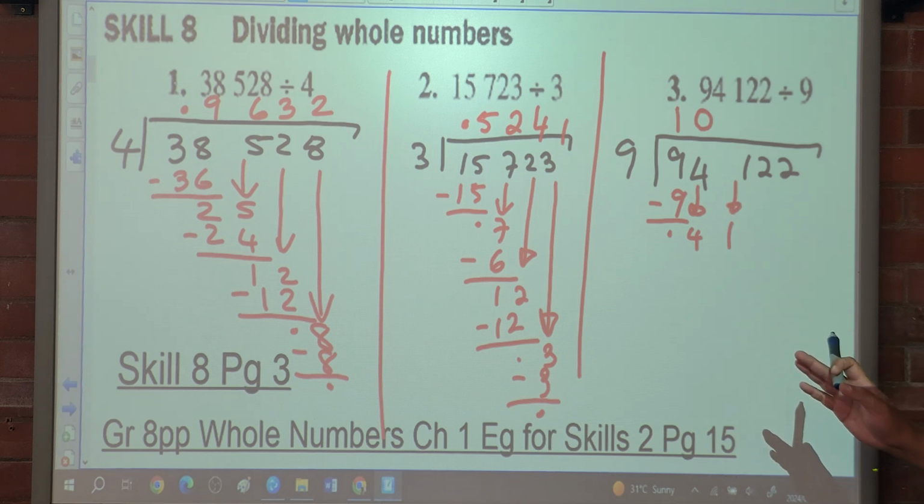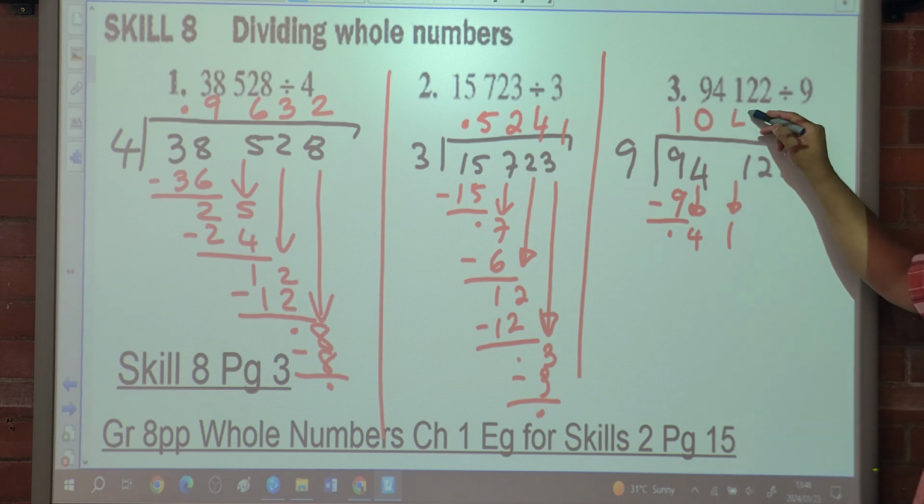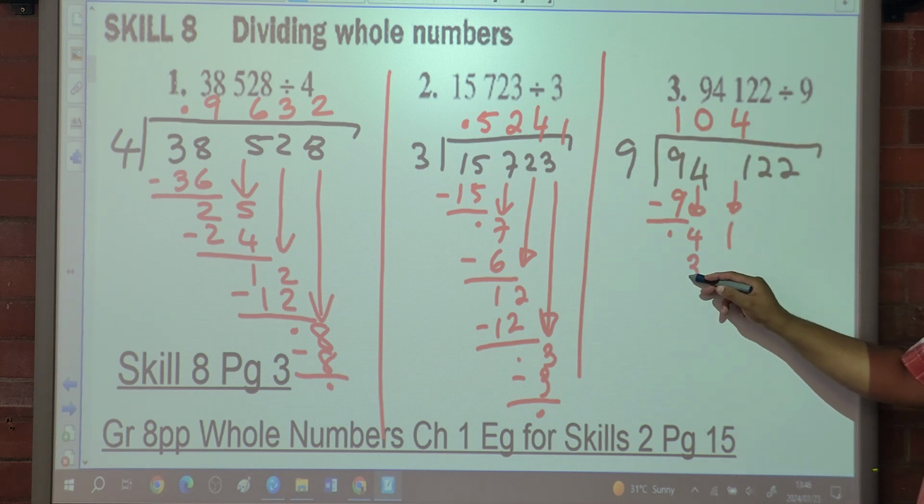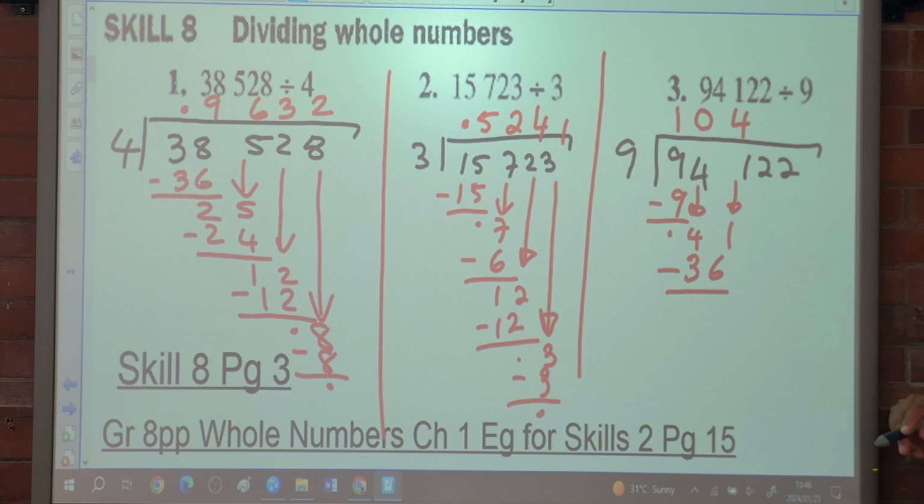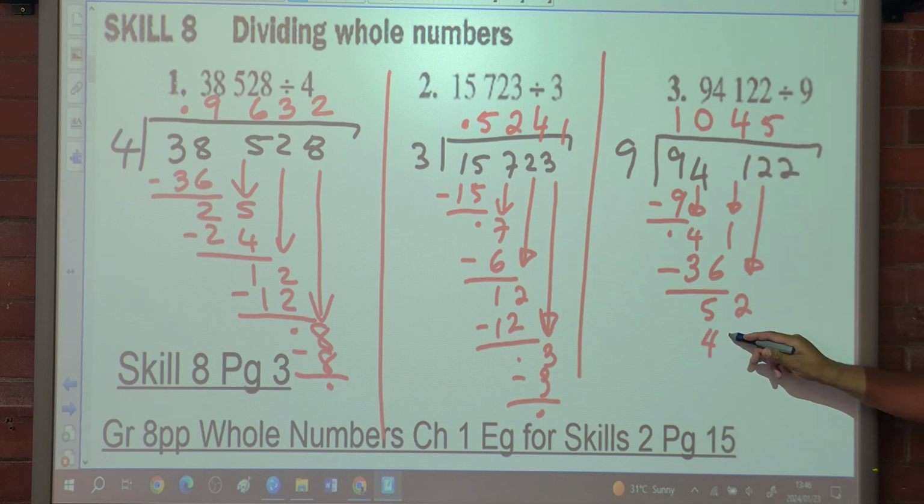It's the same thing. 9 going into 41 how many times? 4 times. 9 times 4 is 36. Subtract, what do I get? 5. Bring down. 9 going into 52 how many times? 5. 5 times 9? 45.